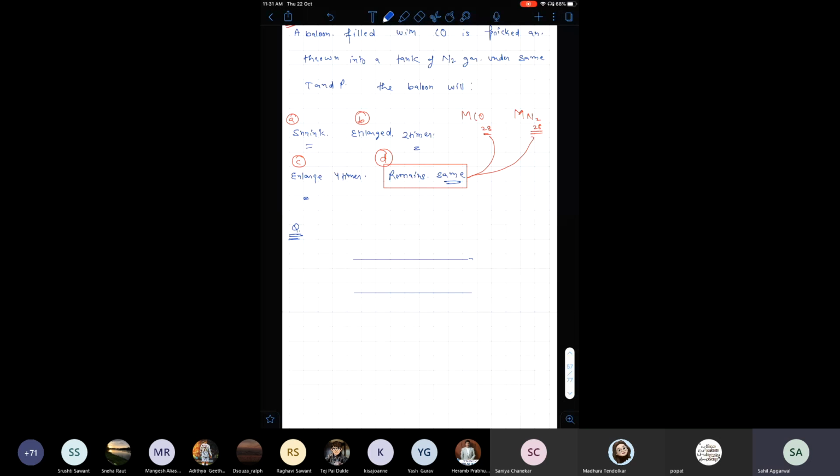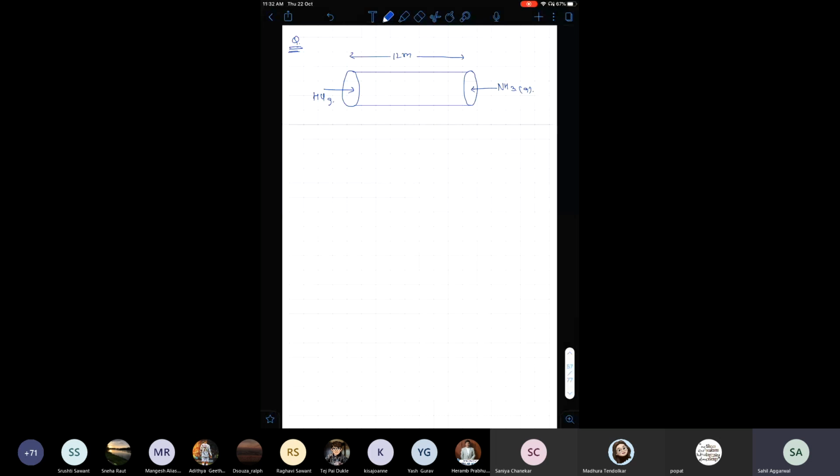If we have a long tube of 12 meters, for example, from one side we are throwing ammonia gas, from other side we are throwing HCl gas, then this is towards HCl, this is towards ammonia, and this is at the center.